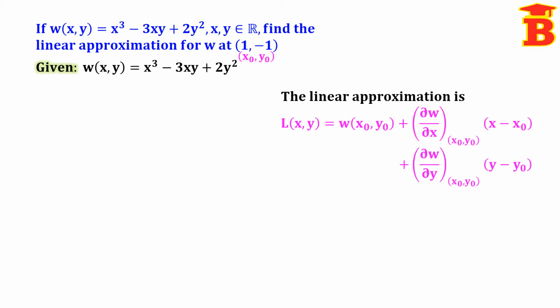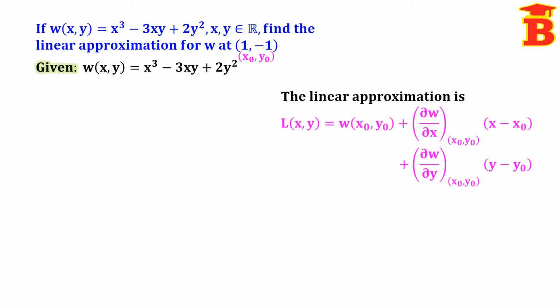We have to differentiate w partially with respect to x and then substitute the point into x minus x0, plus dou w by dou y. Differentiate w partially with respect to y and then substitute the point x0 y0 into y minus y0.